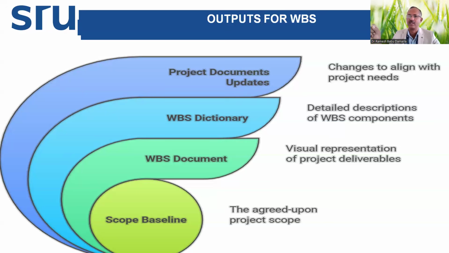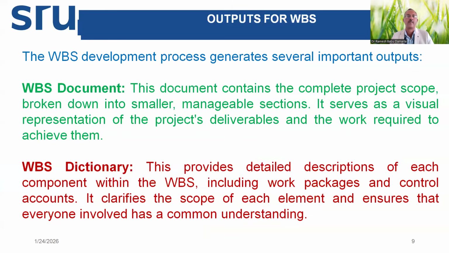Each component, a battery, AI control system, steering system, for each one, there is an explanation in the WBS dictionary. So all the team members can refer to the descriptions whenever required. Then project documents updates. This is to check changes to align with the project needs. That alignment this will show.